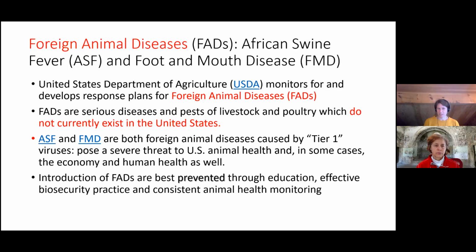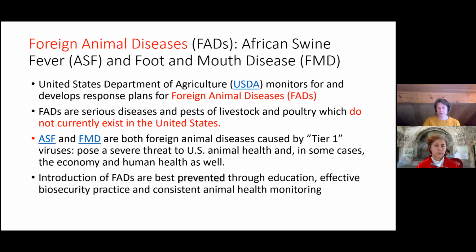ASF and FMD have not been shown to be a significant threat to human health, but certainly to animal health and specifically to pigs. Foot and mouth disease can affect other hoof stock, but African swine fever and FMD are probably the two foreign animal diseases that are receiving the most attention right now in terms of research and funding for these prevention plans.